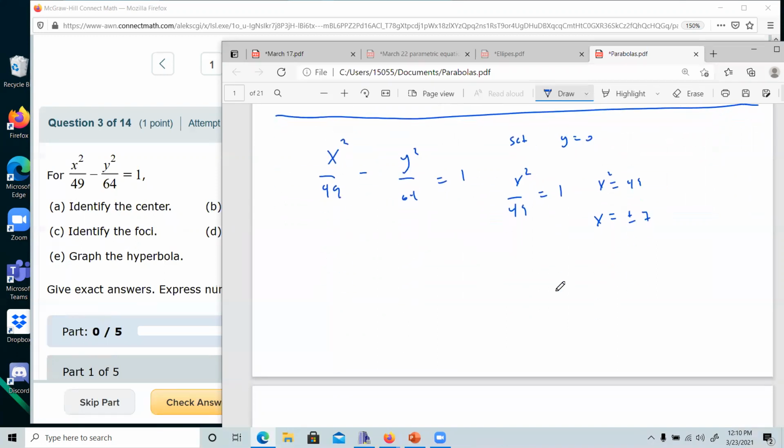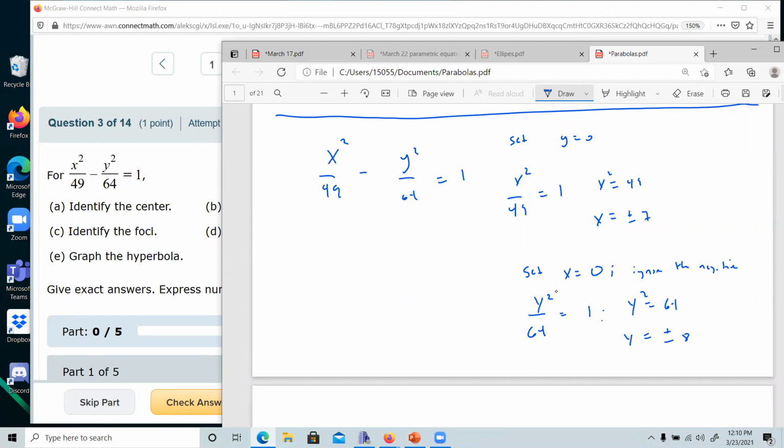Now we set x equal to 0, but we're going to ignore this negative. So we just have y squared over 64 is equal to 1, so y squared is equal to 64, or y is equal to plus or minus 8.